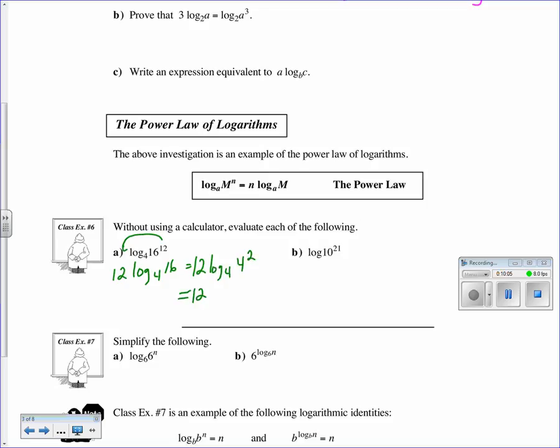That's equal to 12 times 2, which is 24. And log base 10 of 10 to the 21, you can probably do that on your calculator, or use the power law, move that 21 down in front, 21 log 10, and the log of 10 is 1, times 21 is equal to 21.